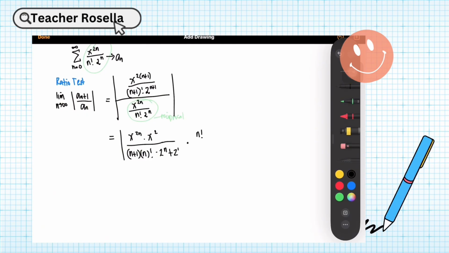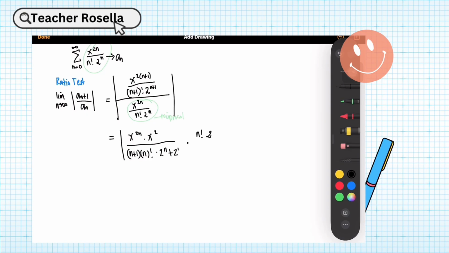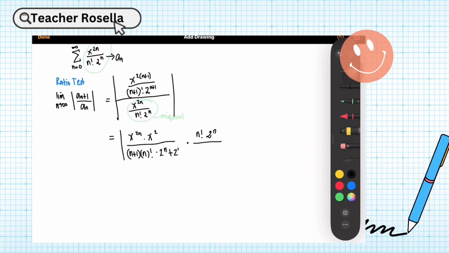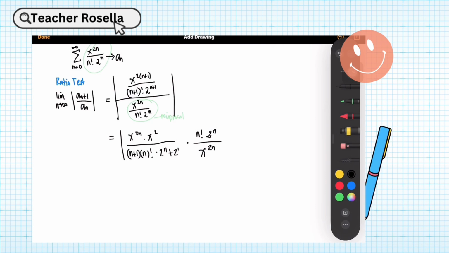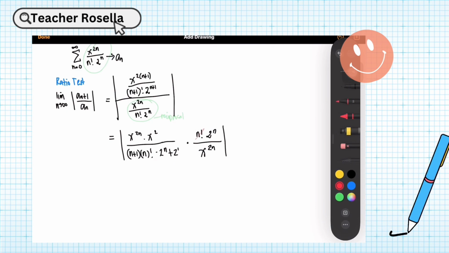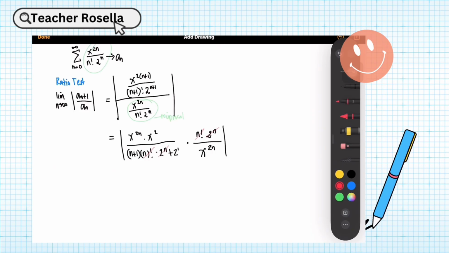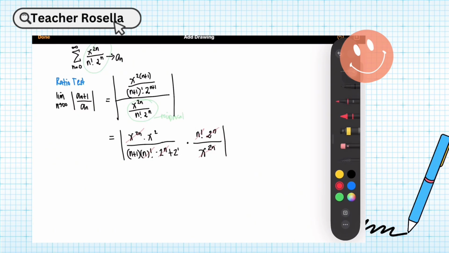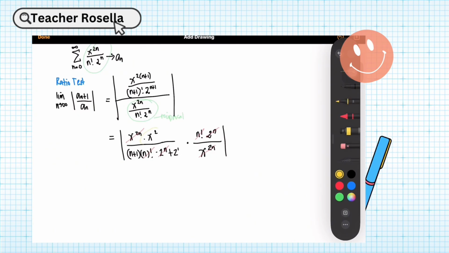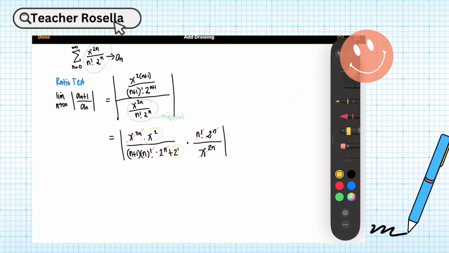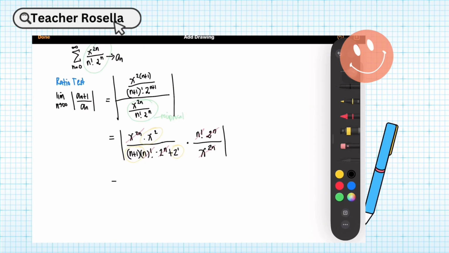So the reciprocal of our divisor will be n factorial times 2^n over x^(2n). Now we can cancel n factorial and 2^n, since they are in both dividend and divisor, and also x^(2n). And now it will just remain x squared over (n + 1) and 2^1.